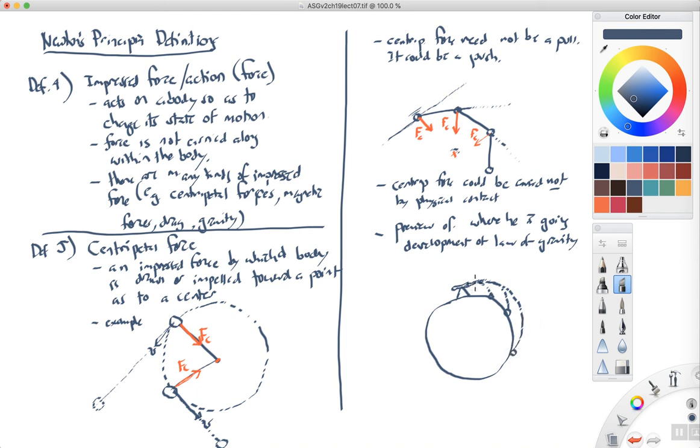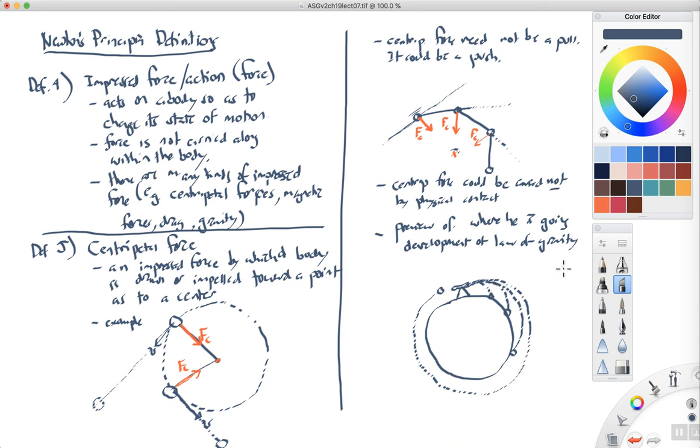But if you shoot it at just the right speed, as it is falling, the Earth is curving away from it the whole time, and so it never would hit the Earth, and it would come all the way around like this. So during this entire time, this cannonball is falling toward the Earth, but by virtue of the fact that the Earth is curved, it never actually hits the Earth.